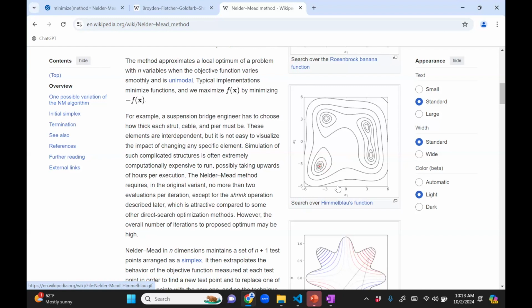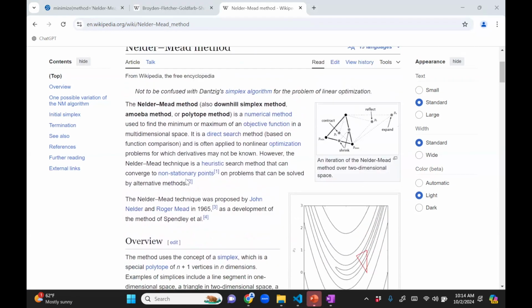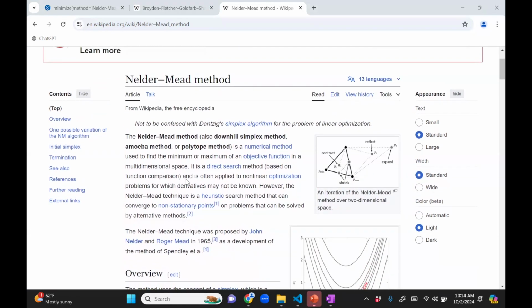A physical measurement like that is not smooth. It is noisy. Here I gave you a nice smooth function. What if it is noisy? Well, you cannot use the derivative. You're just going to take the derivative of noise. So you use something like Nelder-Mead, which does not use the derivative.